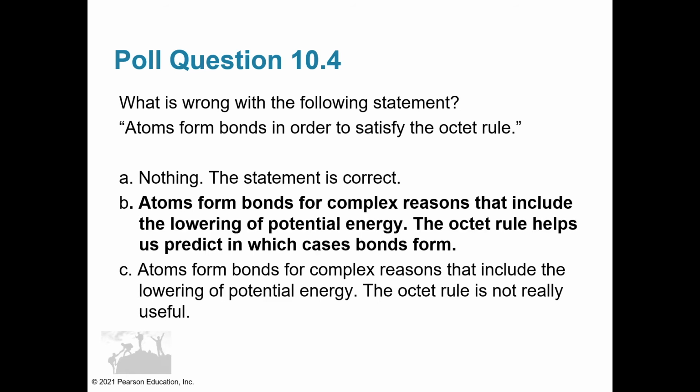So atoms don't form bonds to form molecules just so they could satisfy the Octet Rule or have an expanded octet. Okay, that is part of it, but one of the real reasons that atoms form bonds is to lower the potential energy.